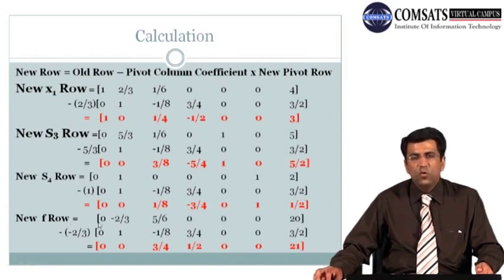It is equal to the old F row, the F row in the previous table, minus the pivot column coefficient corresponding to the F row multiplied by the new pivot row. We get the new F row as 0, 0, 3 by 4, 1 by 2, 0, 0, 21.